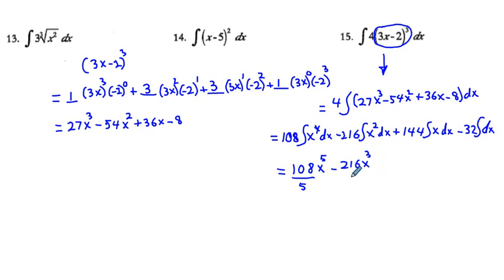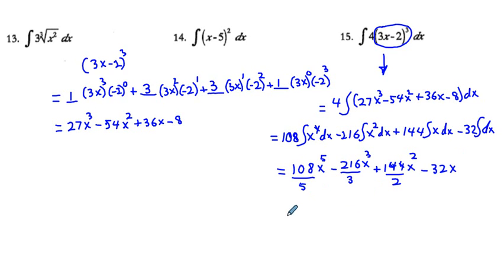We're going to divide by the power we raised to, which is 3. And I think that 216 is divisible by 3, so we're going to clean that up. The next one we have is plus 144x squared, and we're going to divide by the power we raised to, which is 2, and then finally minus 32x, and we divide by 1. That just leaves us the same.